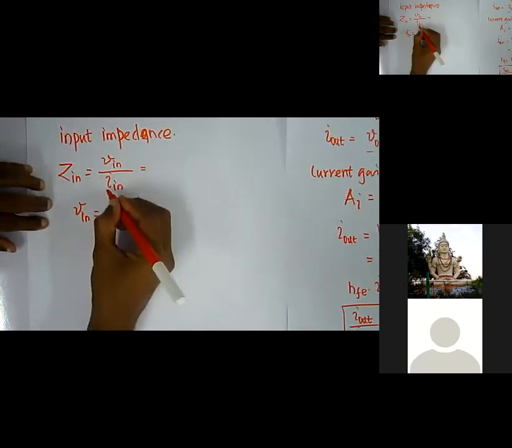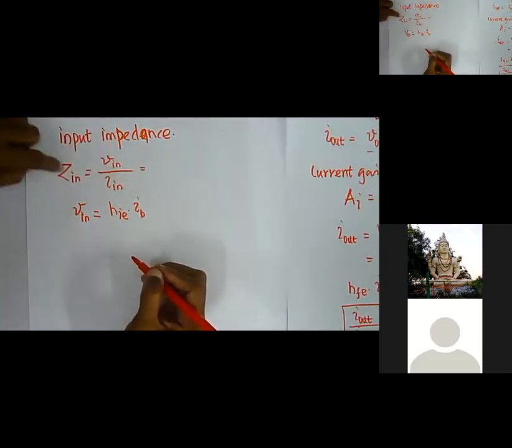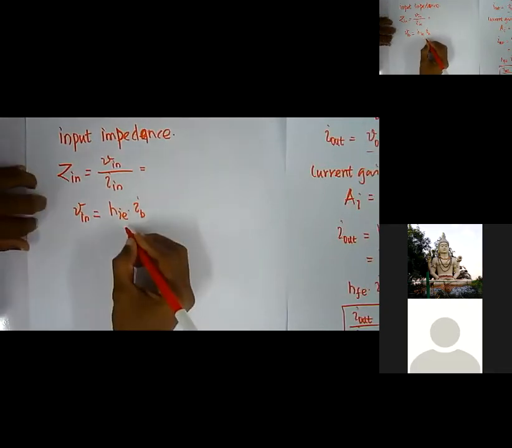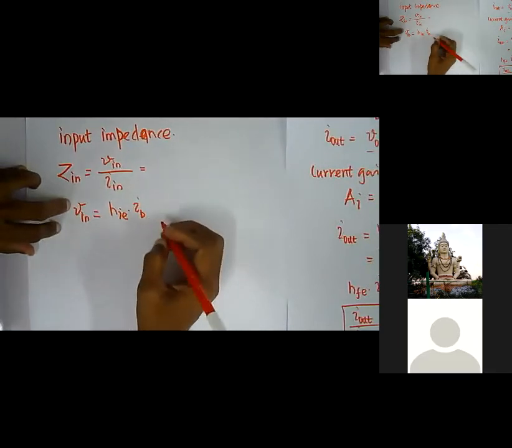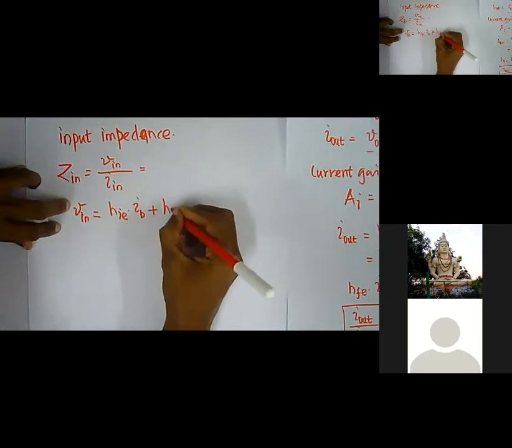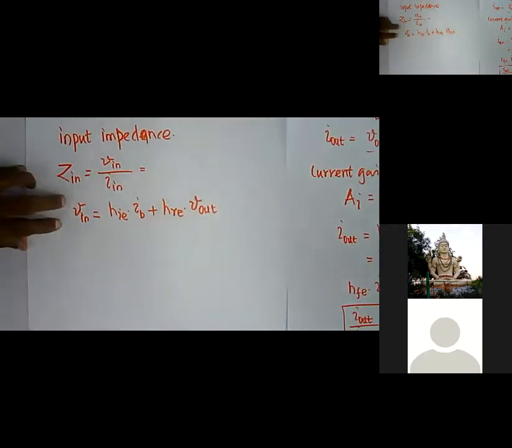So in this circuit, I in becomes IB, and your Z in becomes V in by IB. Am I right?